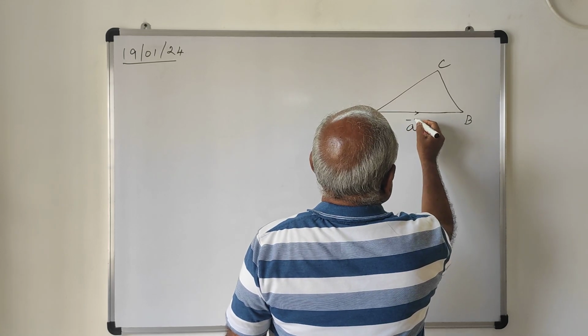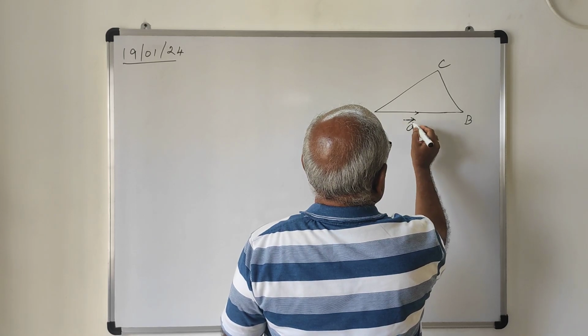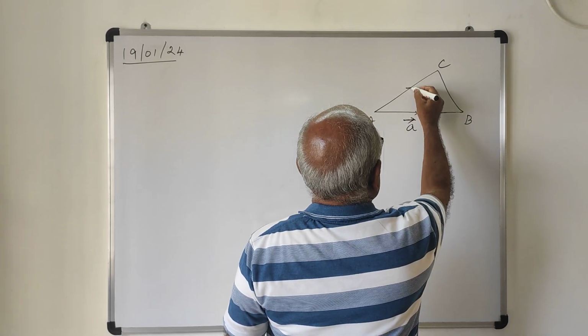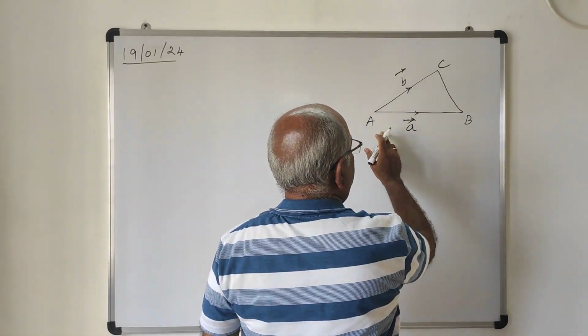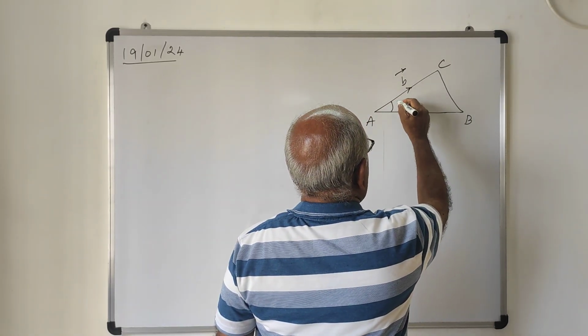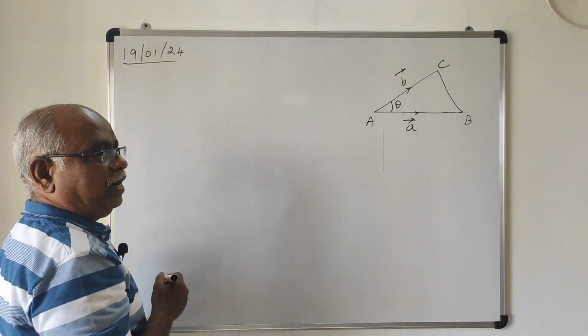Vector A is acting along the side AB, and AC is vector B, and theta is the angle between the two vectors A and B. The area of the triangle ABC we have to find now.